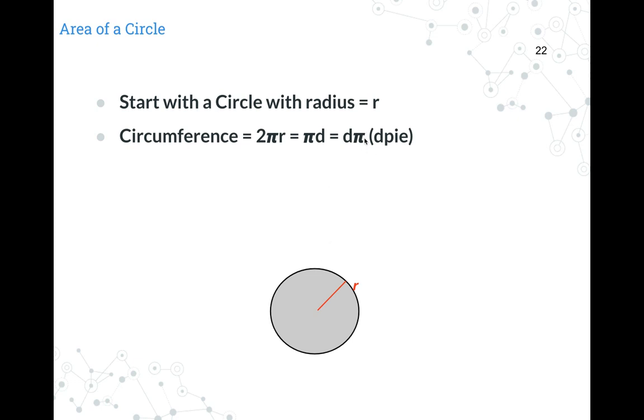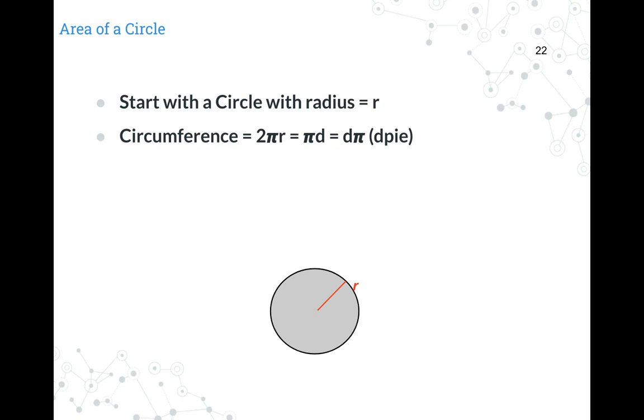Also, circumference equals pi d relates to the definition of what pi actually is. It turns out that pi, this amazing irrational number, is the ratio of the circumference to the diameter of any circle.